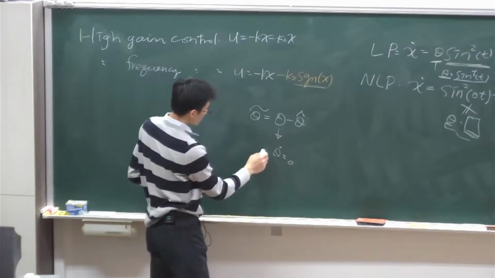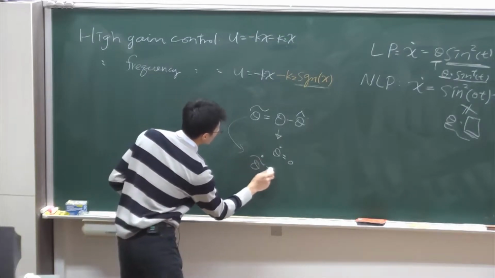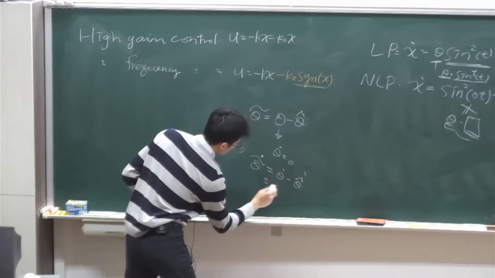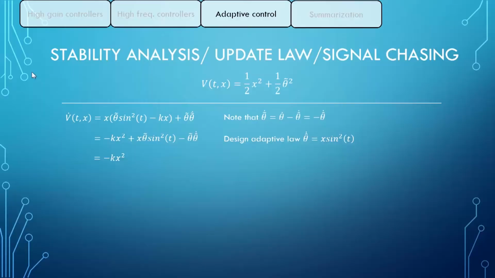So when you take the time derivative, it will be 0 minus theta hat dot. So what's the best you can conclude for the stability? Stable, right? Not asymptotically stable.